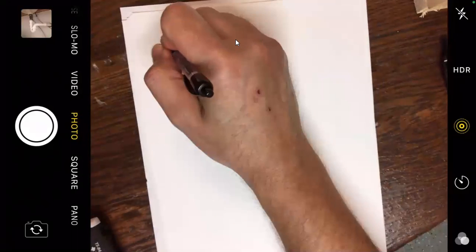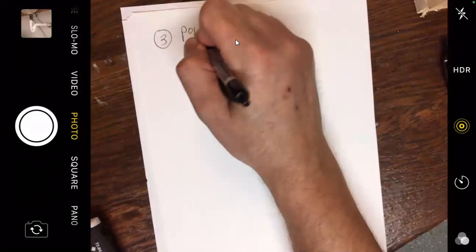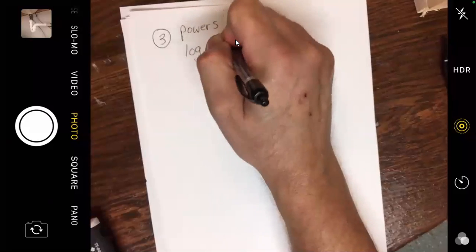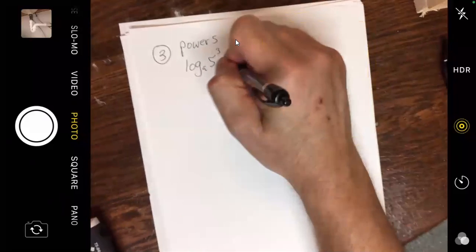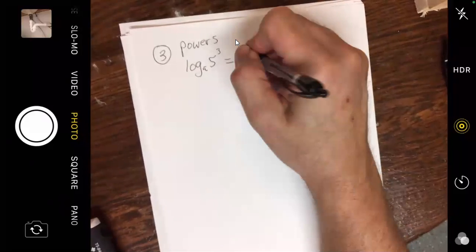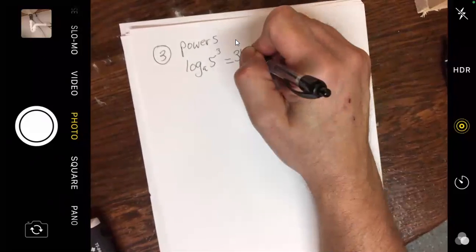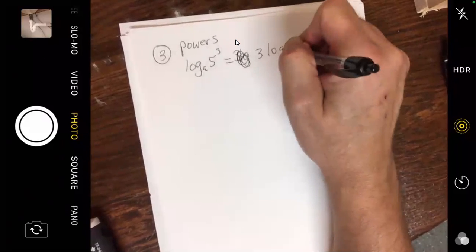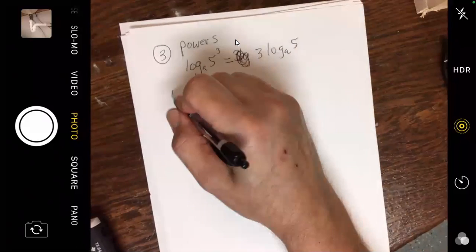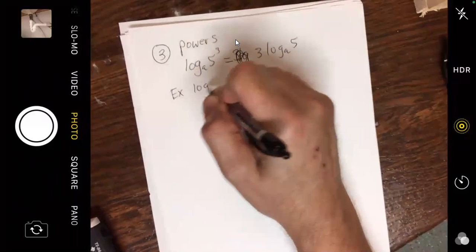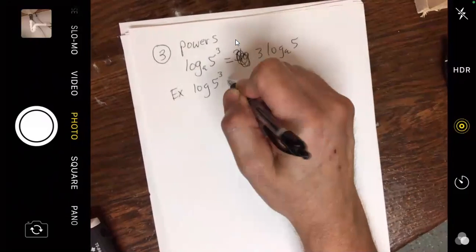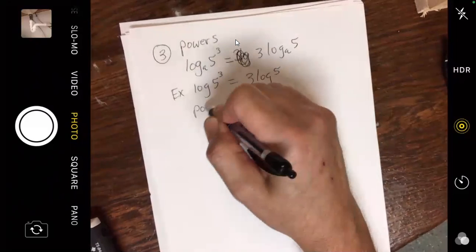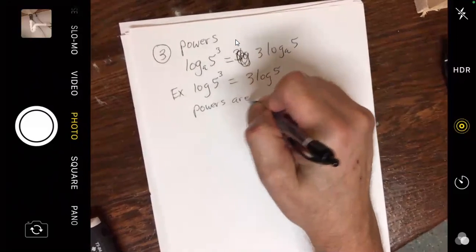Okay, and law 3, powers. Log base A of 5 to a third power is, I can use A's and B's, 3 log base A of 5. So for an example, log of 5 to a third is 3 log of 5. Powers are coefficients.